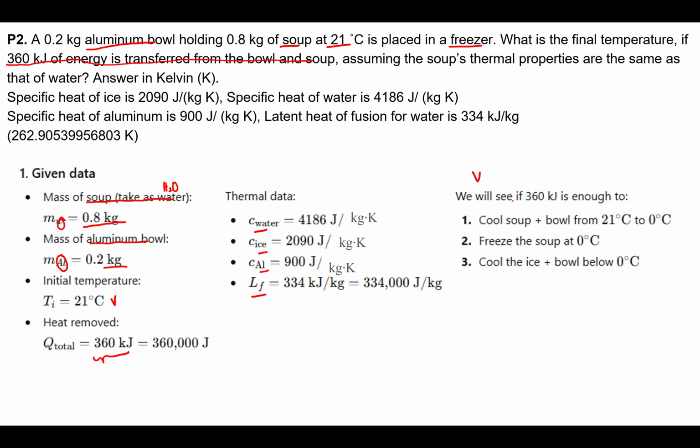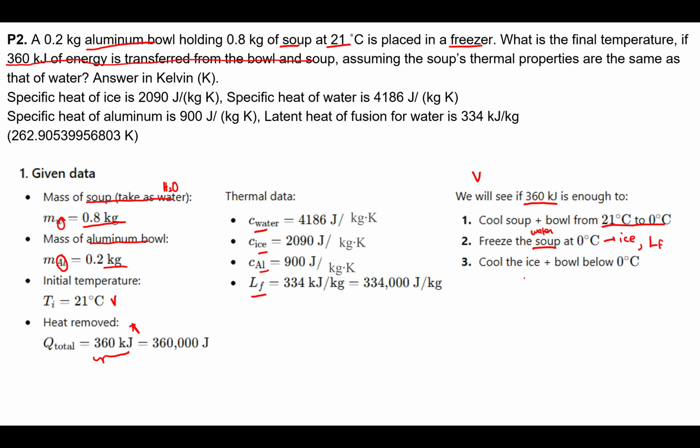So we will check whether this amount of heat removed is enough to cool the soup and bowl from 21 degrees C to 0 degrees C. Then at 0 degrees C the water, which is the soup, is going to freeze into ice, so here we utilize the latent heat.